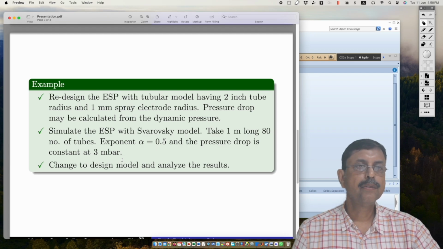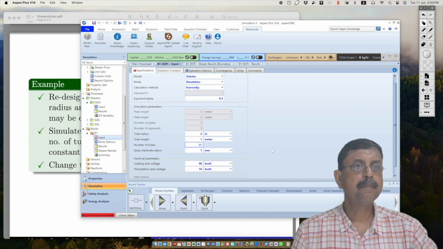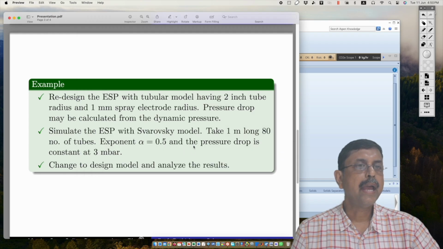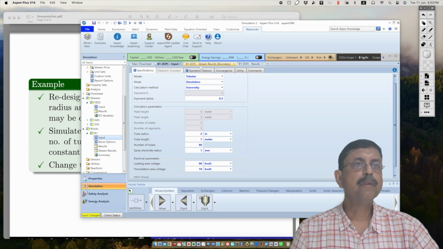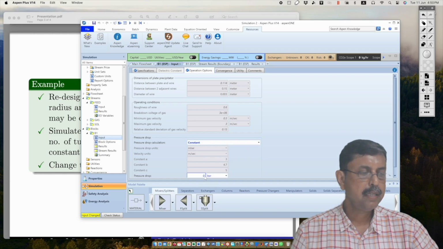So 1 meter long tubes, 80 numbers of them. And the pressure drop is constant at 3 millibars. So we will go back to operation options and make it constant at 3 millibar.